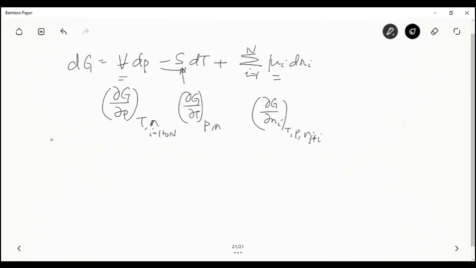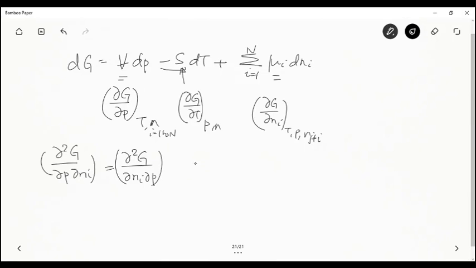Now using this, if I write the cross derivatives like we did for deriving the Maxwell relations, del squared g by del p del n_i would be identically equal to del squared g by del n_i del p. Now this is del by del p of del g by del n_i.